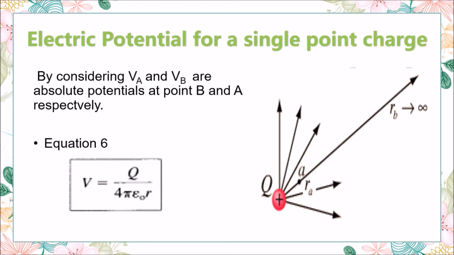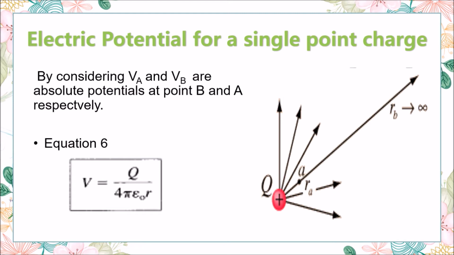Next, we will proceed with electrical potential of a single point charge. The electric potential due to a point charge is thus a case we need to consider. Consider VB and VA are absolute potentials at point B and A respectively. Therefore, the potential difference VAB may be regarded as the potential at B with reference to A. In problems involving point charges, it is customary to choose infinity as reference.